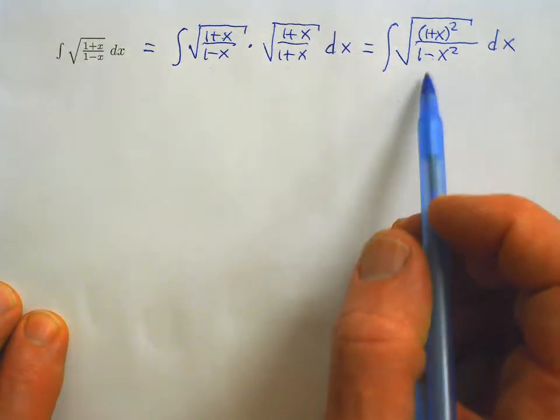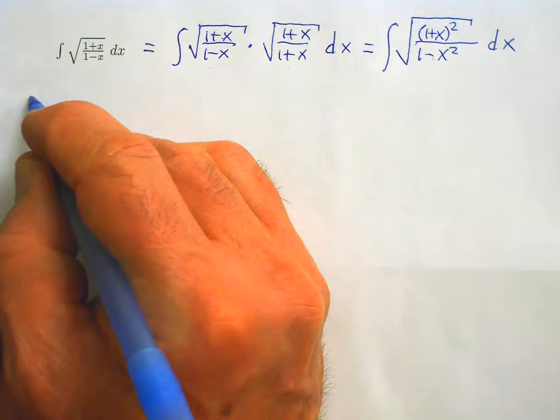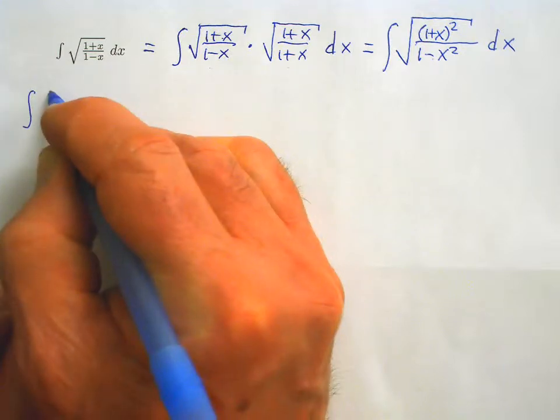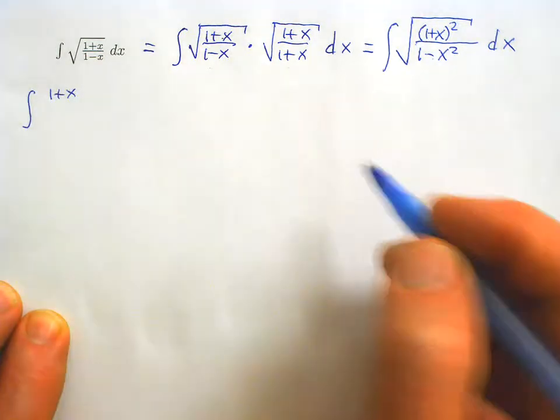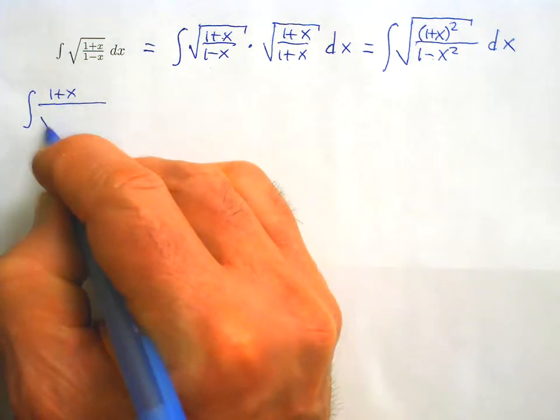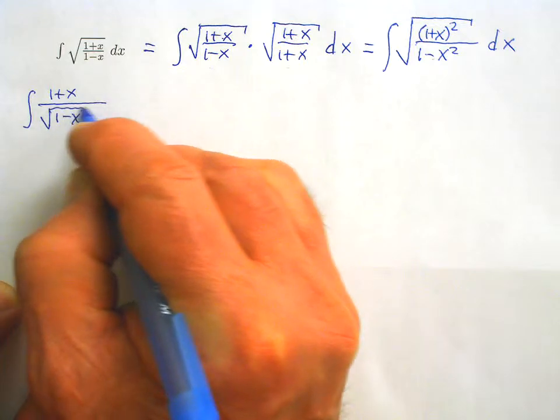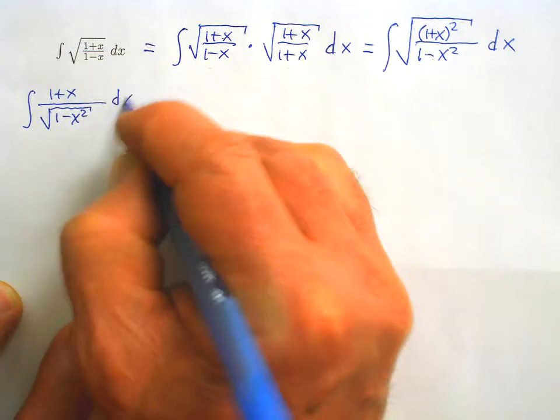Okay, in the numerator, the square root of (1 plus x) quantity squared is just 1 plus x. So we just write 1 plus x in the numerator. And in the denominator, we have the square root of 1 minus x squared, and then times dx.